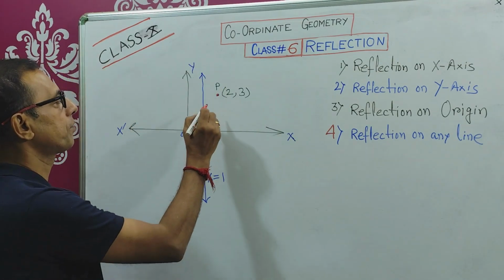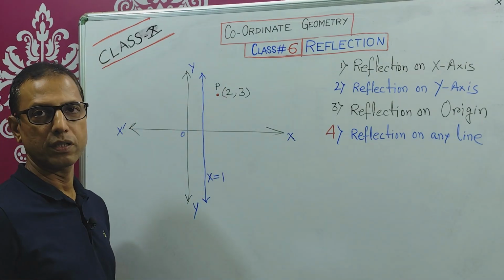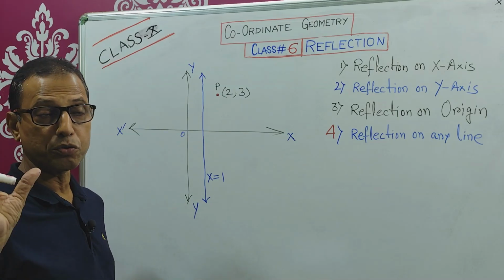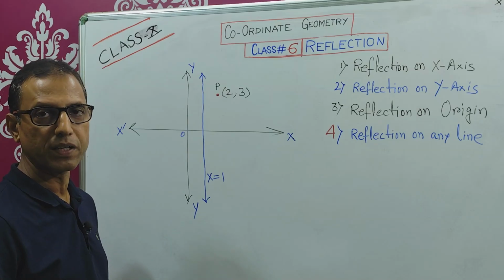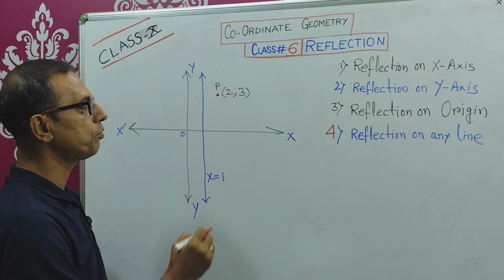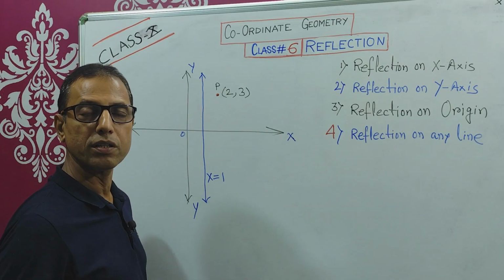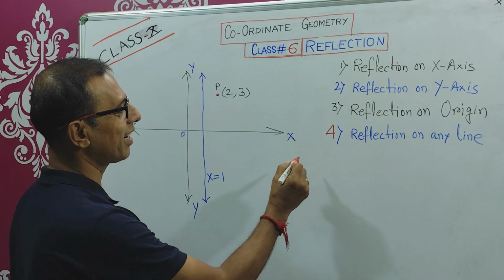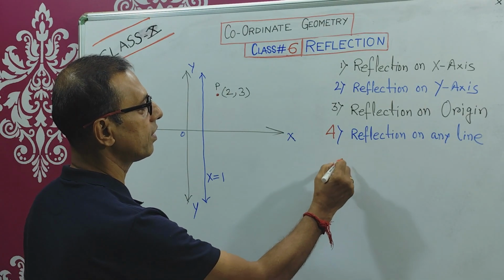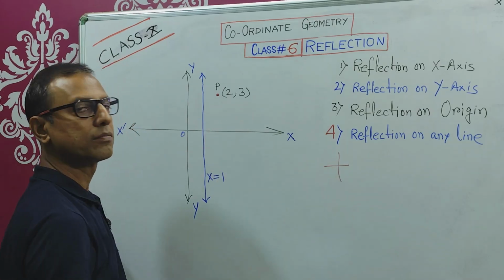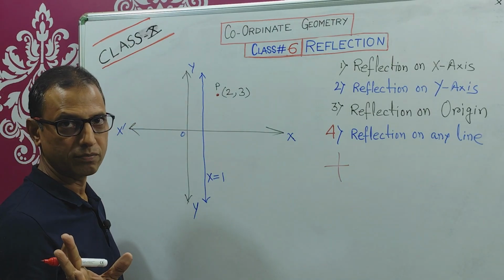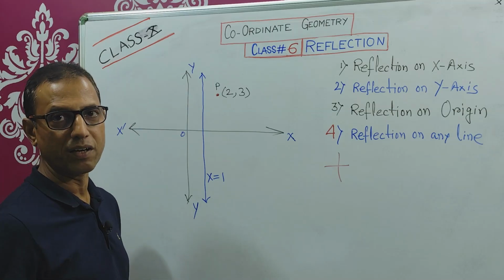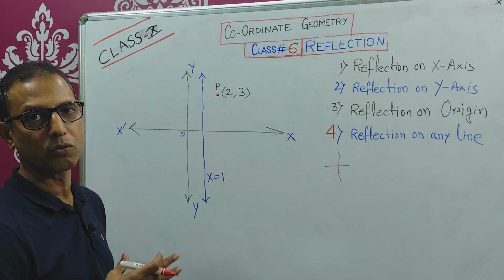Now let's say there is (2, 3). When you solve this kind of reflection problem, even though there is no graph paper, just try to draw a rough graph like this, then there is no chance of mistake. When you are practiced enough, you can do it without drawing any graph.